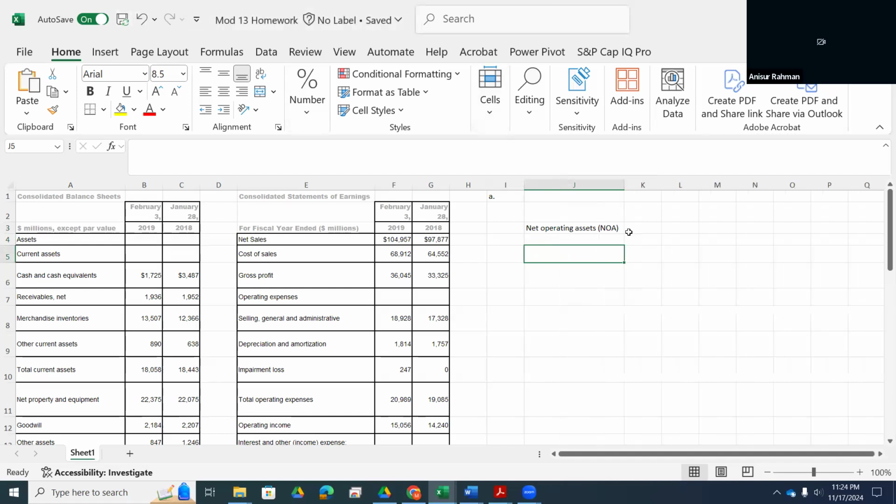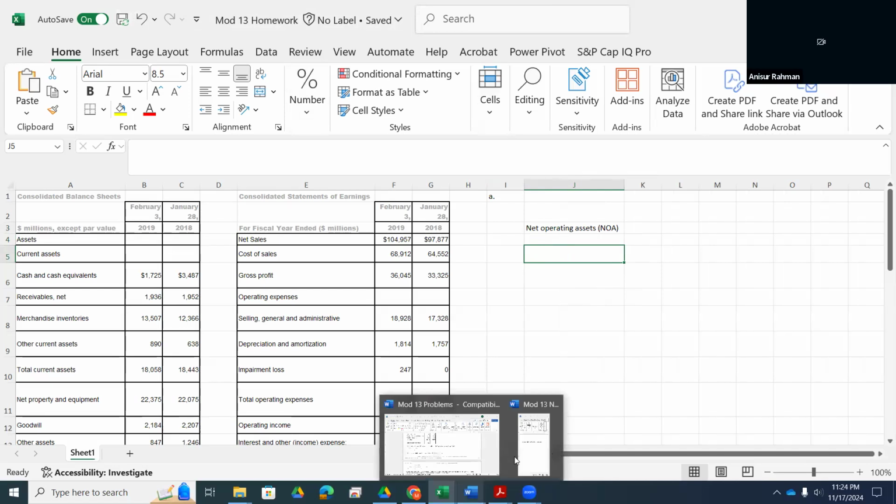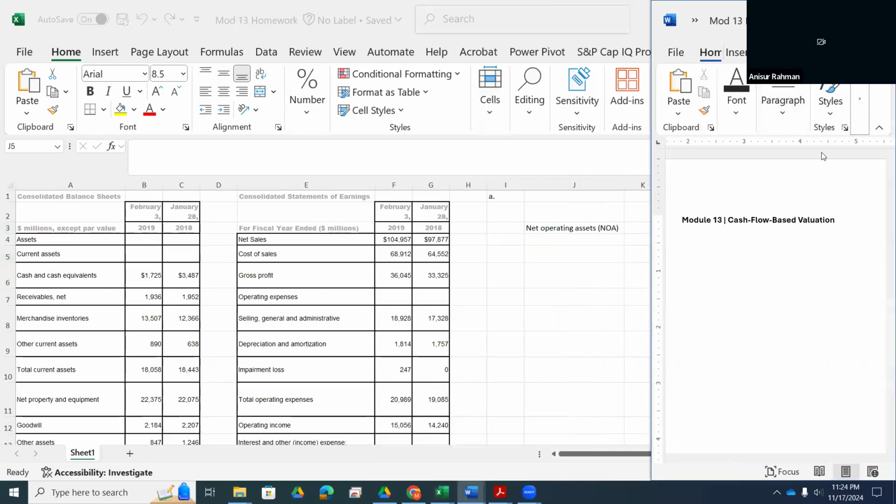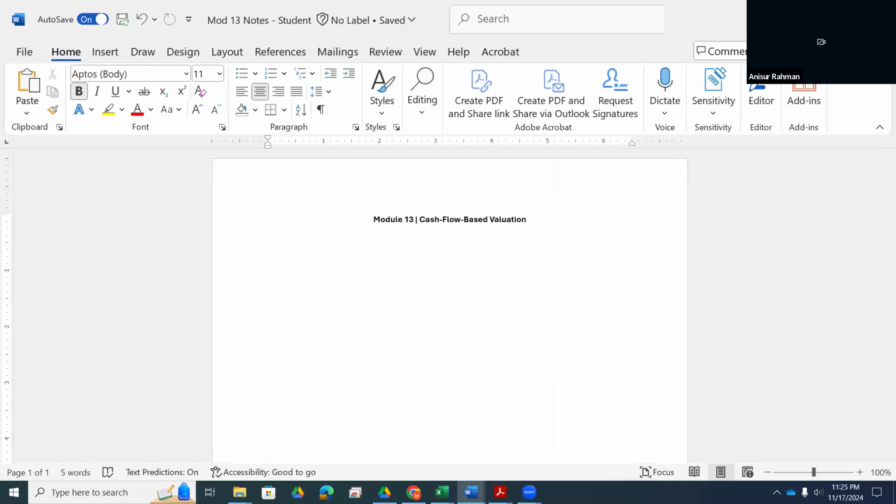Now to calculate net operating assets, what we need is: net operating assets is equal to operating assets minus operating liabilities.